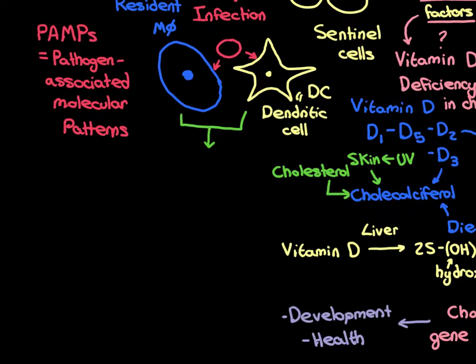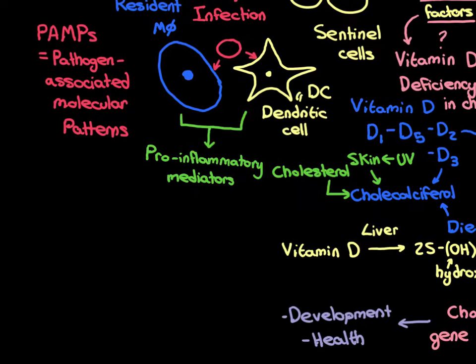So they are going to release pro-inflammatory mediators then, the alarm signals that are intended to set off the inflammatory response. Now, the two major pro-inflammatory mediators, and I'll firstly just put the title pro-inflammatory mediators here. So these are molecules, little signaling molecules, that are going to trigger the inflammatory response.